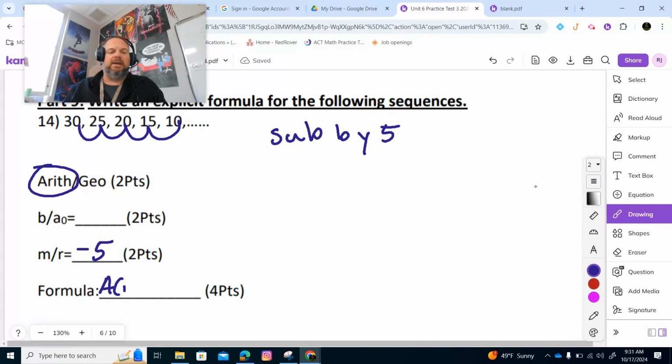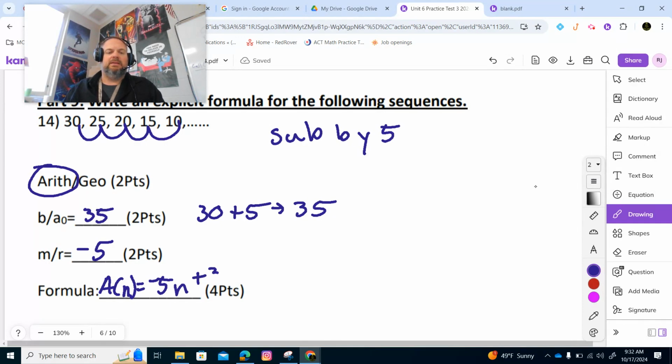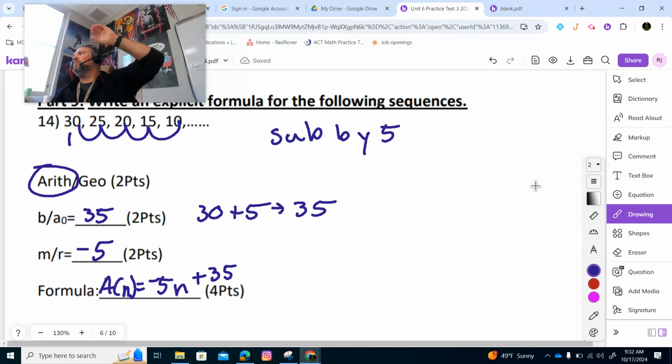So our formula, a of n equals -5n. Now, to find this, we have to take our first term, which is 30, do the opposite. So 35. What, do we go back one? All right, so this is our first term. Okay. Yeah, so when x equals 1, we've got to find when x equals 0.